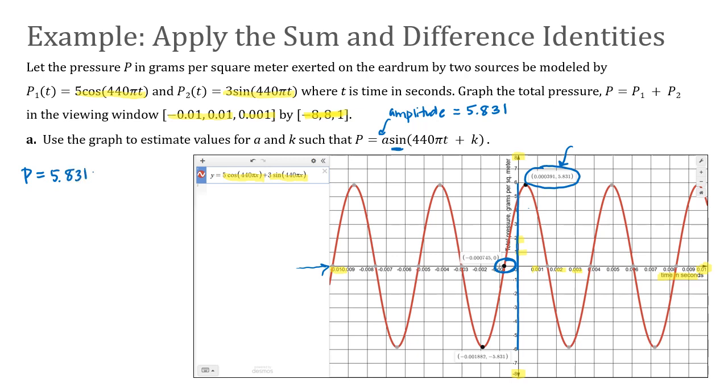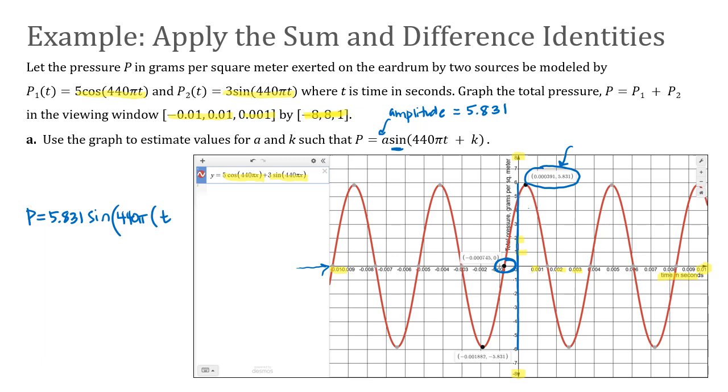5.831 times the sine of 440 pi times the quantity. And I didn't give myself enough room, did I? Let me just erase this and write it down below. Let me put it here so I've got actually enough room. So P is equal to 5.831 times the sine of 440 pi times the quantity t.